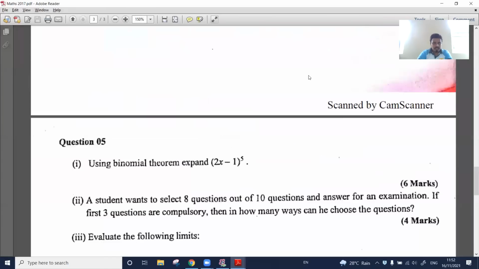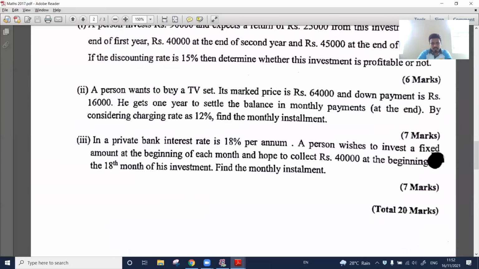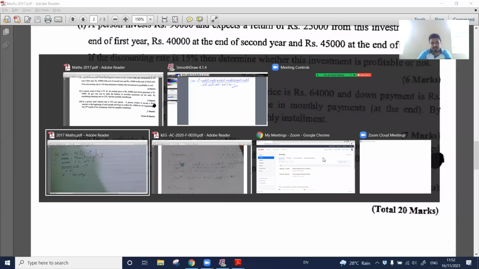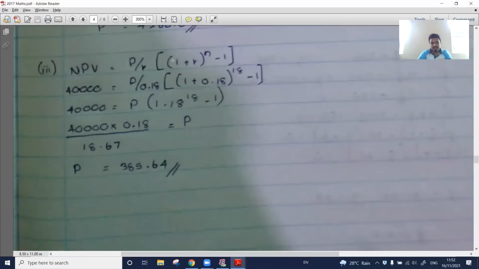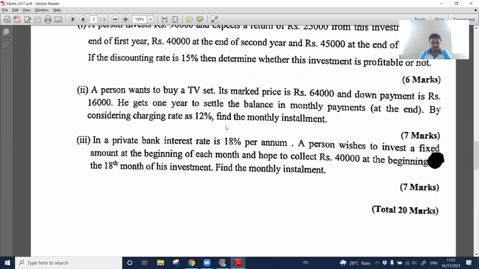What is there in question number 4 part 3? In a private bank, interest rate is 18% per annum. Yes. This answer is wrong. Why? 18% means the annual rate.